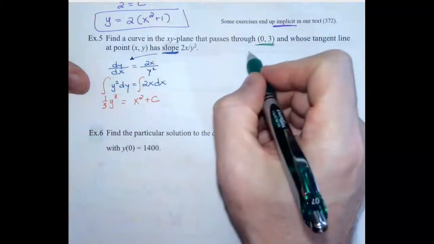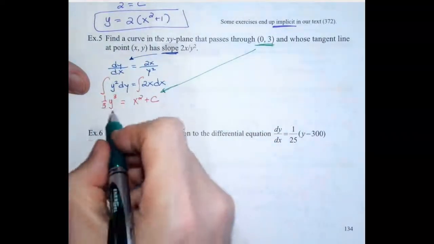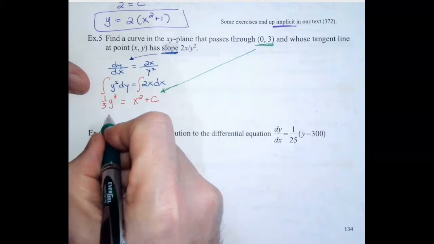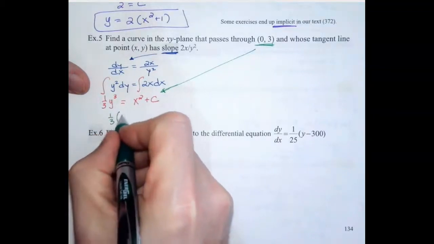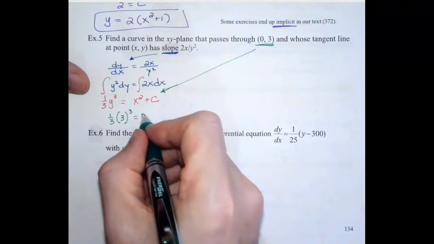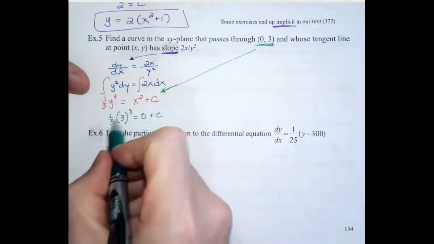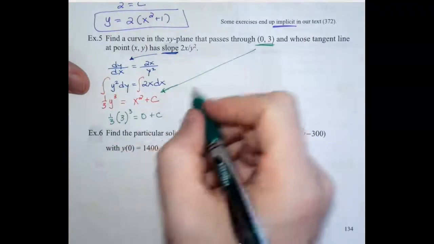So if we take that and plug it in here, we'll get 1/3 3 cubed equals 0 plus c. So 3 cubed divided by 3 is 3 squared, so c equals 9.